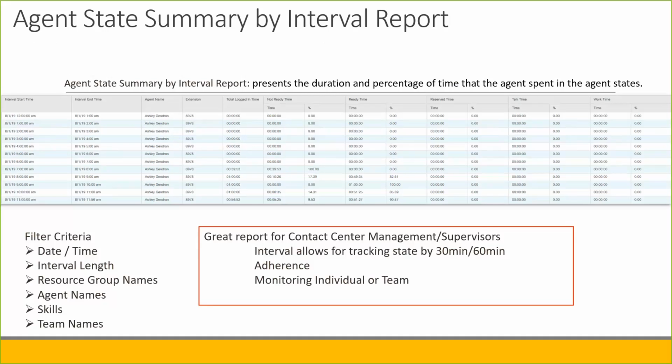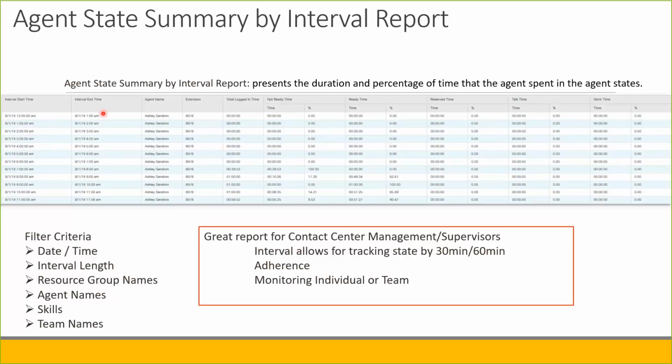The other thing to point out with this is you can look at it at the team level. You can look at it by day, and you can look at that entire report range. When I say entire report range, I mean you can look at the interval start and end time from 8 a.m. to 5 p.m. And throughout the entire day, you can report on, let's say, yesterday. Let's see how much the overall not ready percentage time was for my team for the day.